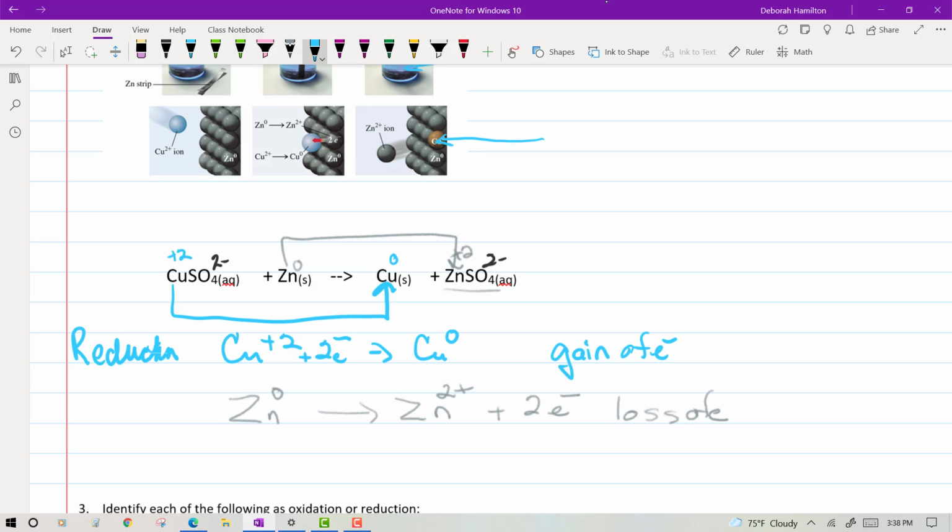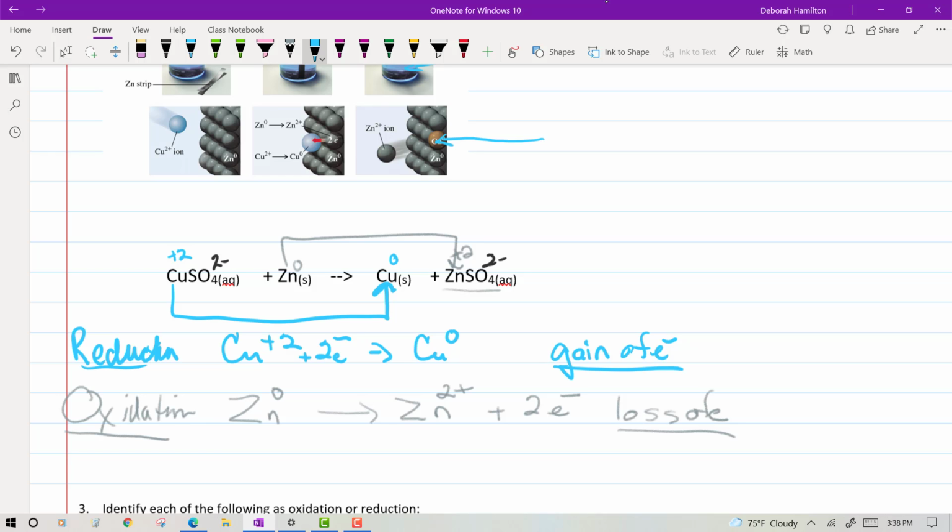Sure did. And then for the zinc, well, you can't have one without the other. That's oxidation. Loss of electrons is oxidation, gain of electrons is reduction.